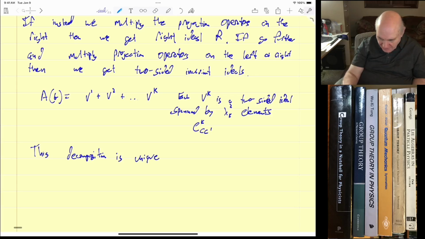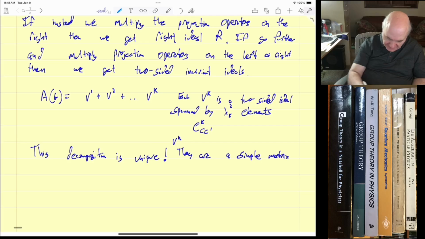And by unique, obviously each of these spaces is invariant, but we could use different basis elements. We can always use equivalent representations and basis elements. But this is what's important. And not only that, they form, or they are, a simple matrix algebra, the VK.